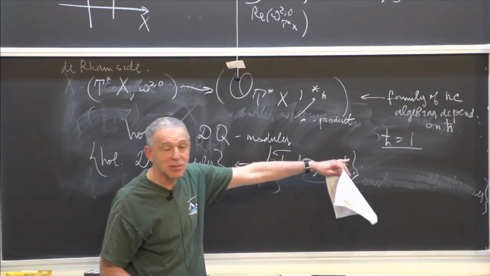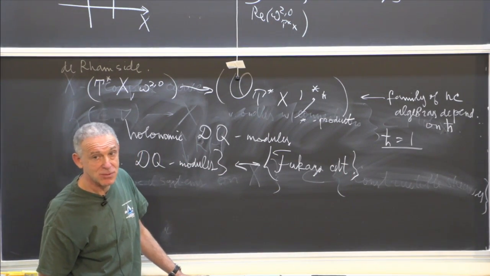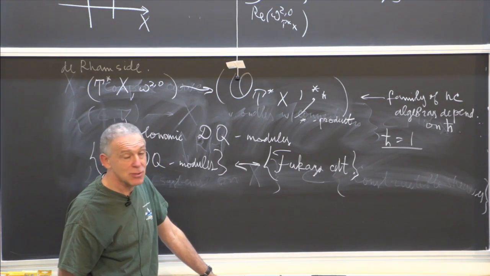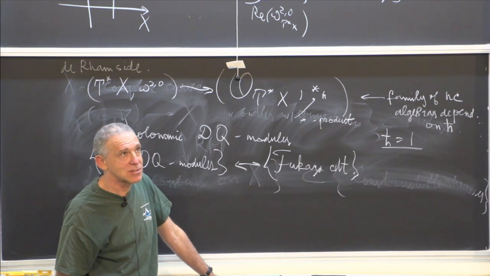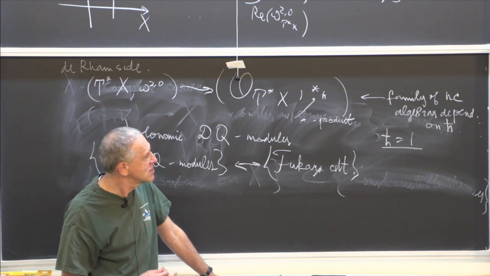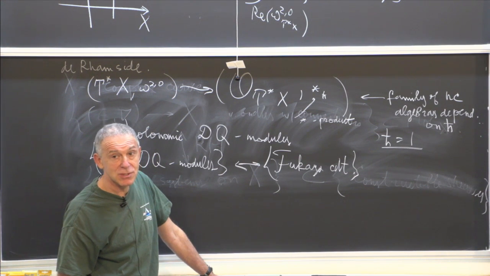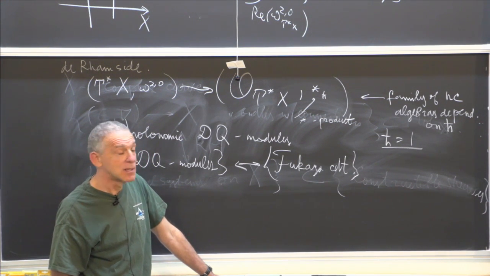I set it h equal 1, but a priori it does depend on h, the left-hand side. The Betti side does not, because the Fukaya category will live over Z, because it's a sort of a wrapped Fukaya category.